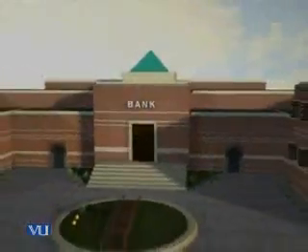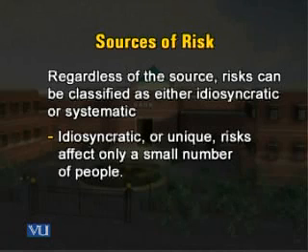We can classify all sorts of risk into two main categories. Number one is systematic risk, and number two is unsystematic risk. Unsystematic risk we also call idiosyncratic or unique risk, which affects only a small number of people.